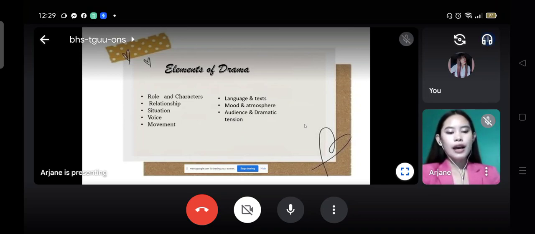For example, if you're portraying a rich and spoiled brat, then usually the character is using English. And if the situation given to you is a romantic scene, then it's time for you to switch into figurative language. And usually, the ordinary characters use Tagalog. Okay? That's the function of language and text.